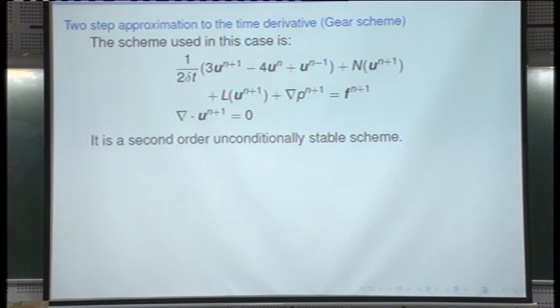Both are second order, but this is more stable because the error of the BDF scheme is in amplitude, whereas the error of Crank-Nicholson is in phase. It decreases amplitude. It is more dissipative, which is always good for mechanics.